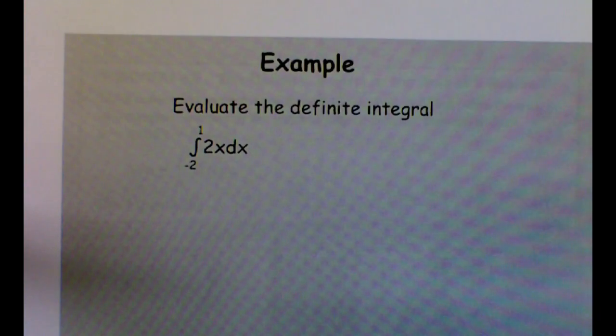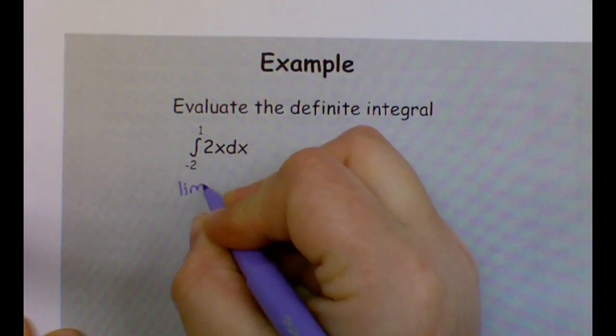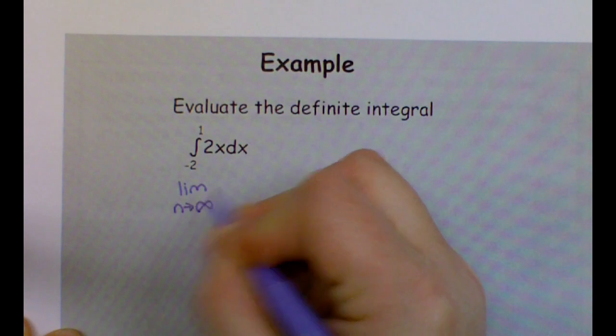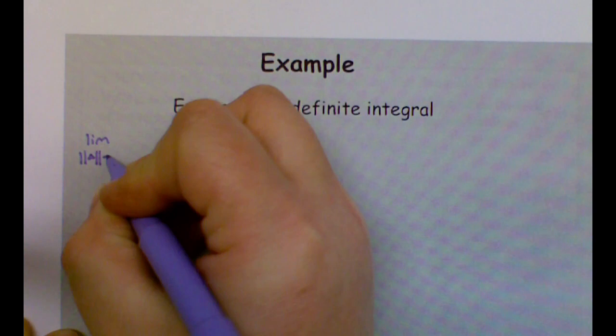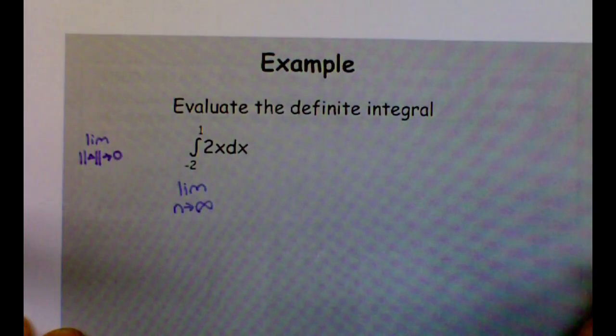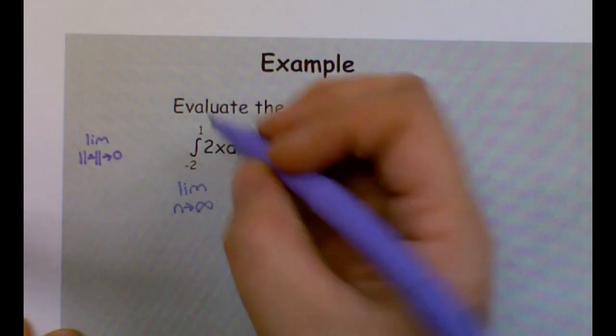So let's evaluate a definite integral. We are using the definition. So we are finding the limit as n approaches infinity, or realize we could write the limit as the norm approaches 0. That's the same thing.